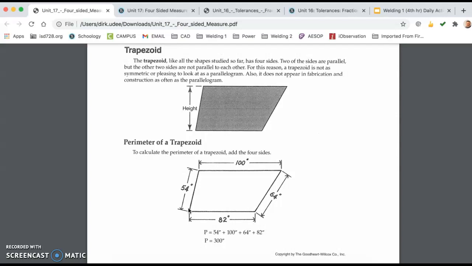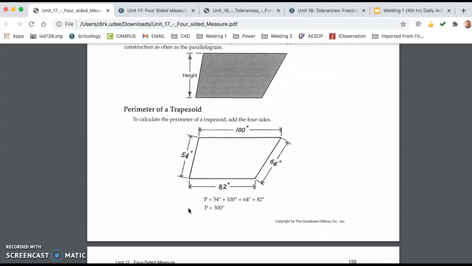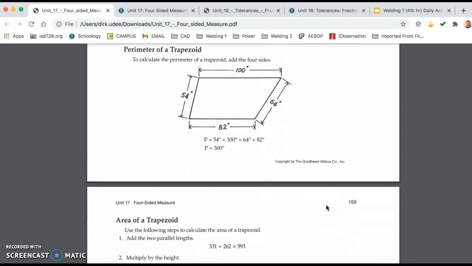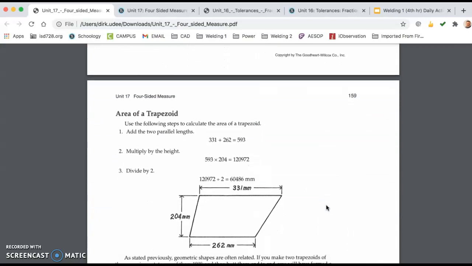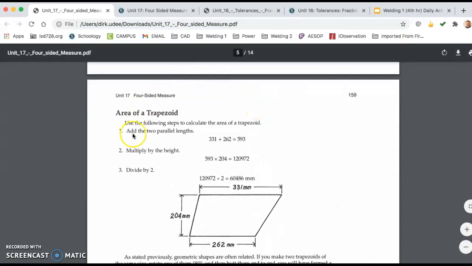However, the trapezoid area is going to be a little bit more labor intensive. So I strongly recommend that you write your work down on a piece of paper to keep track. And here are the steps shown here in the packet to calculate the area of a trapezoid. So you're going to add your two parallel lengths. So in this example, 331 plus 262.